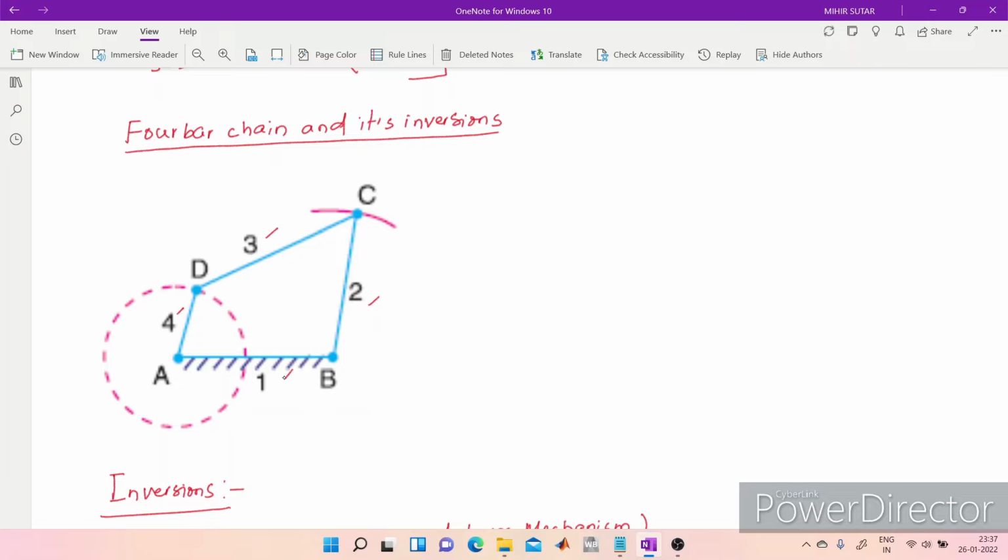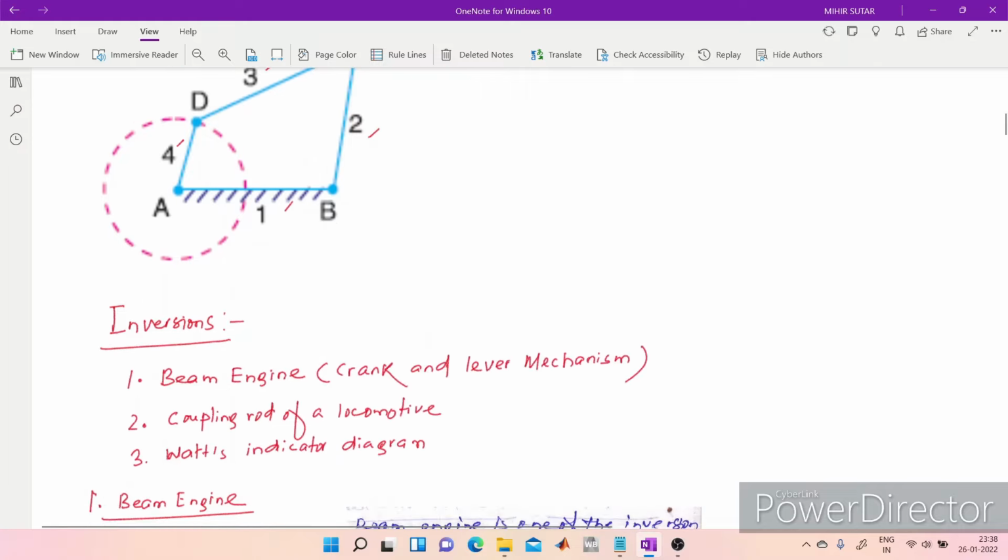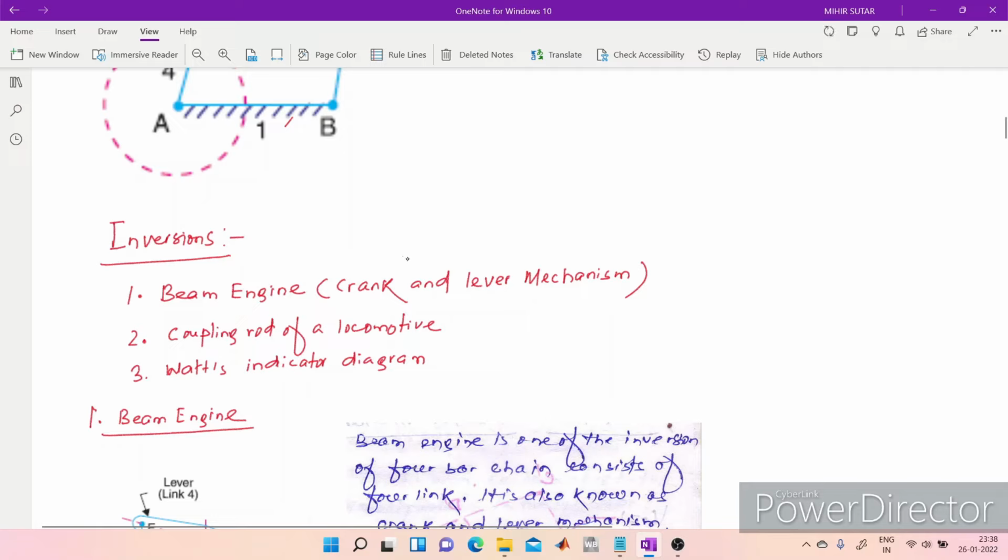So here link 1 is fixed, and if we rotate one link, which will be our crank, we'll get possible relative motions among them. So what are the possible inversions of a 4-bar chain? These are the 3 possible inversions. Remember, these are the 3 possible inversions.